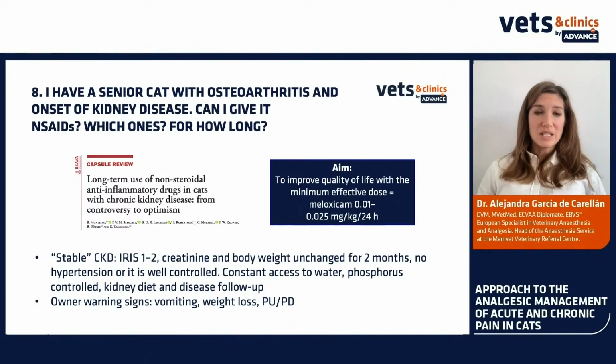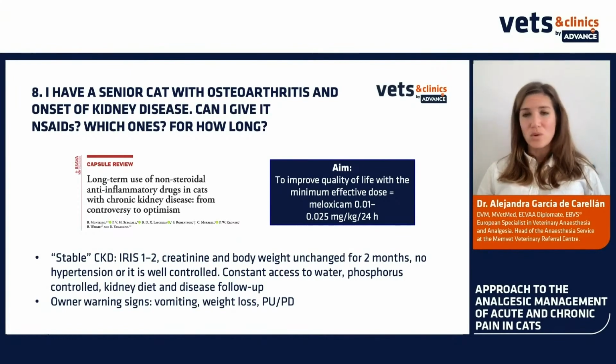However, there is an article which speaks about the long-term use of non-steroidals in animals with stable chronic disease. Basically, the aim of giving a non-steroidal is to improve the quality of life of this patient with the minimum dose possible of meloxicam, to be able to treat the pain but not damage their kidneys.